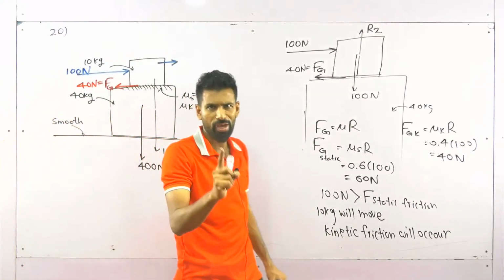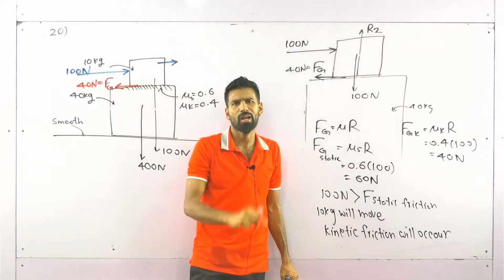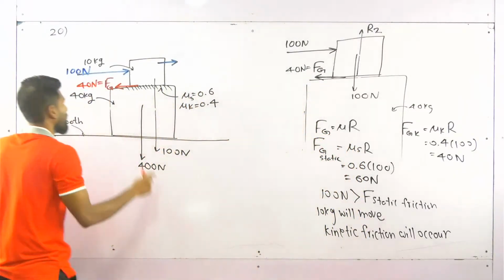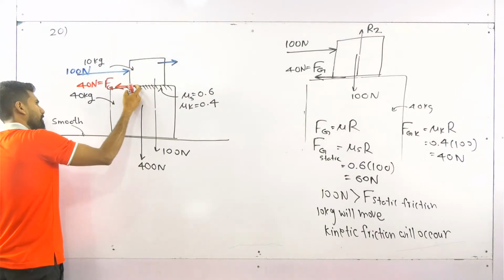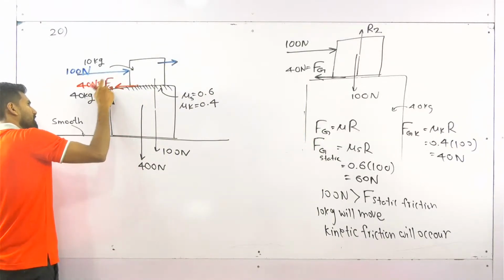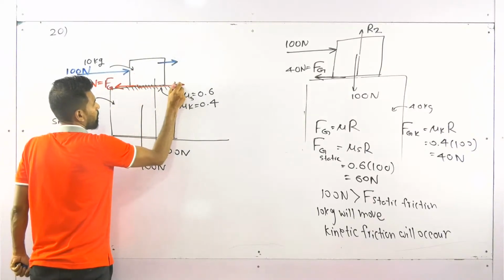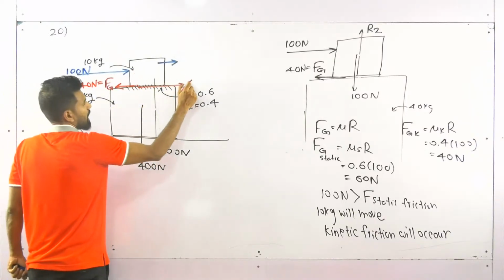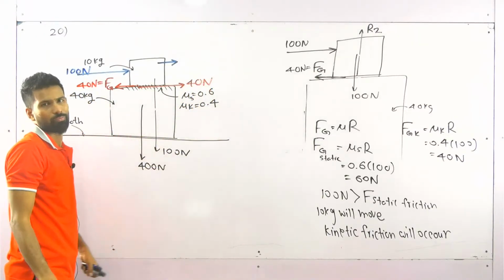Each and every force comes with an opposite reaction. So if there's a force, friction or whatever, in the opposite direction on this 10 kg mass, on the other side, on the 40 kg mass, there will be a 40 Newton force in the forward direction.